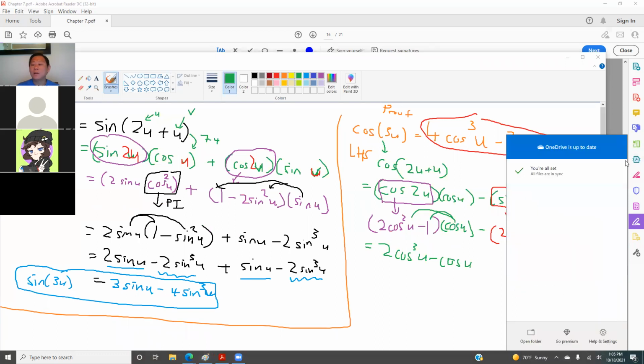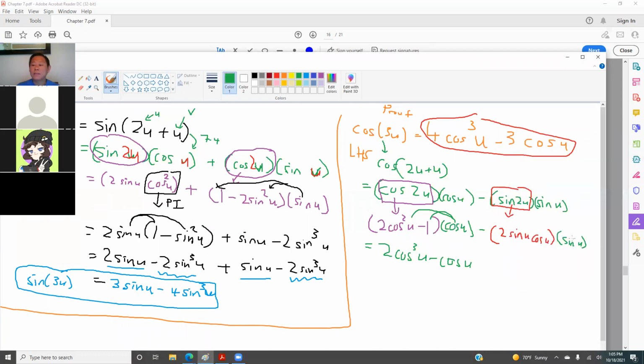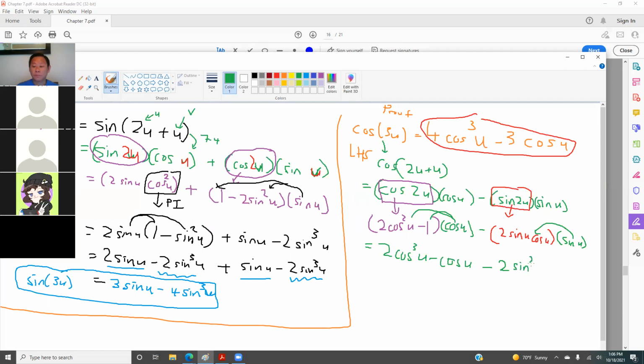Now, the other part that you see here is this sine u, you don't distribute. The reason why you don't distribute is because this is only one term. This has 2 terms, you distribute. This only has 1 term, so you just multiply in. When you multiply this in, you will get minus what? How many sines do we have here? 2 sine squared u cosine u.